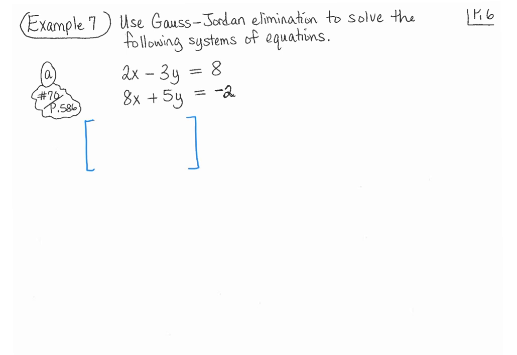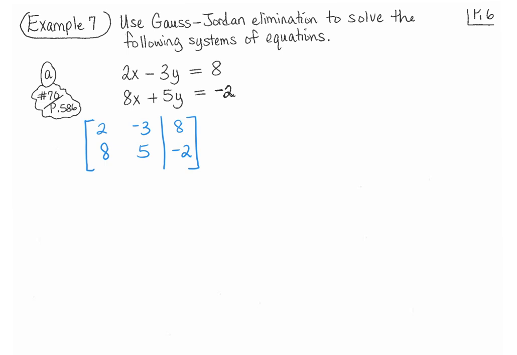Tell me the augmented matrix by row. 2, -3, and 8. Good. We've got to write that vertical bar. What's the next row? 8, 5, -2. Very good.